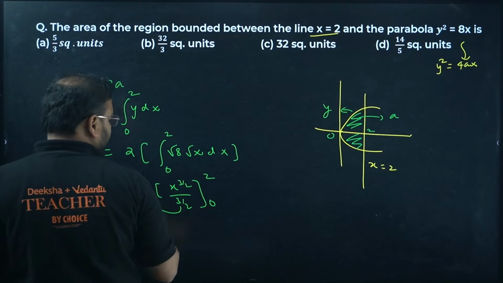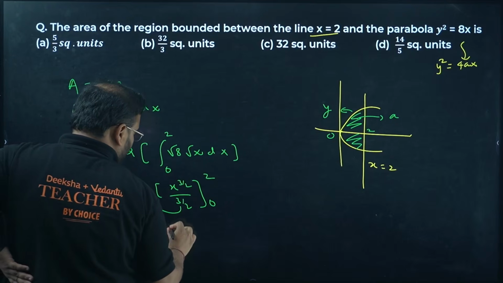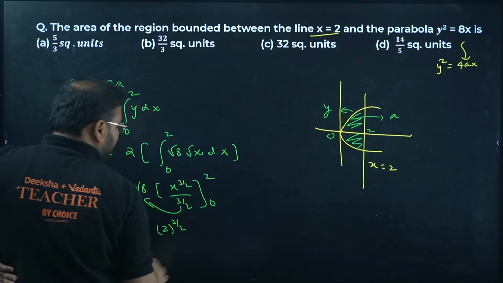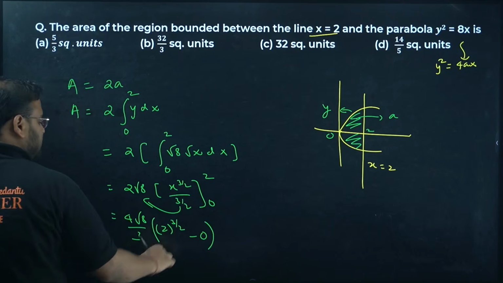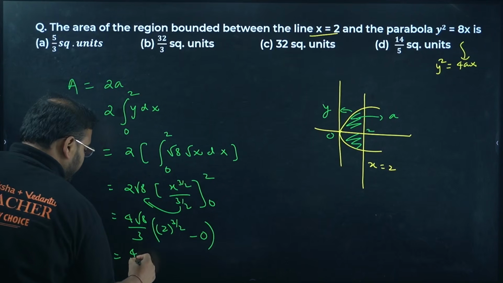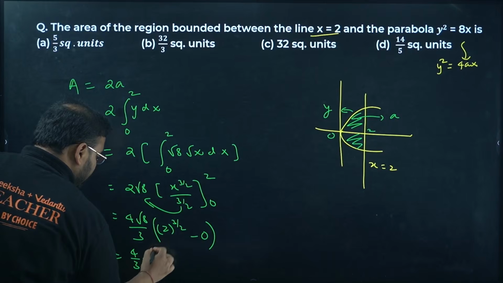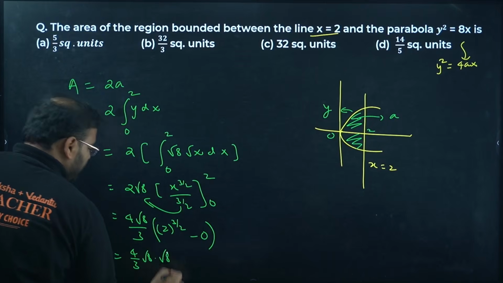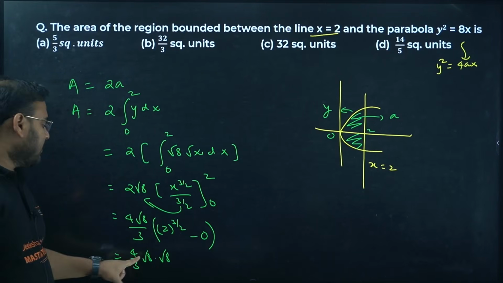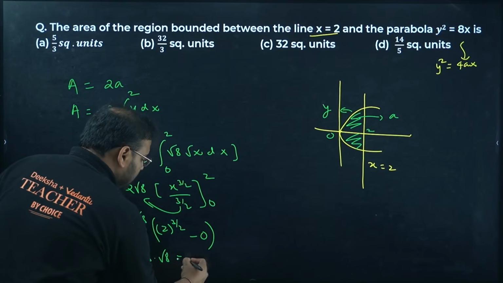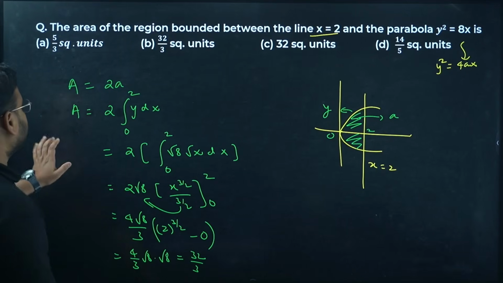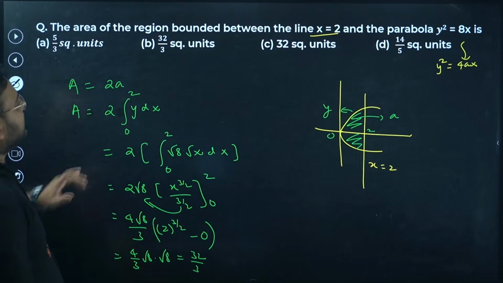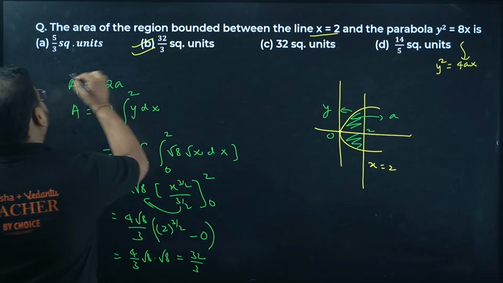Put the value of 2 over there, you'll get 2 power 3 by 2, put 0, you'll get 0 only. This is again root 8, so we get 4 by 3 root 8, and 2 power 3 by 2 is also root 8, so it will become 8 into 4, so 32. Answer is 32 by 3 square units, of course. So my answer is clearly option B.